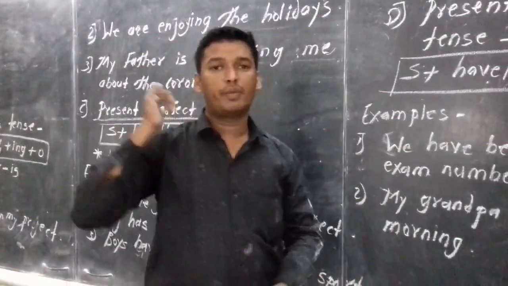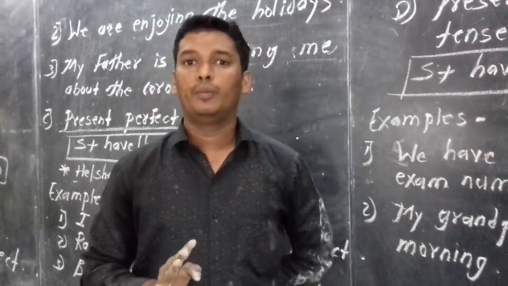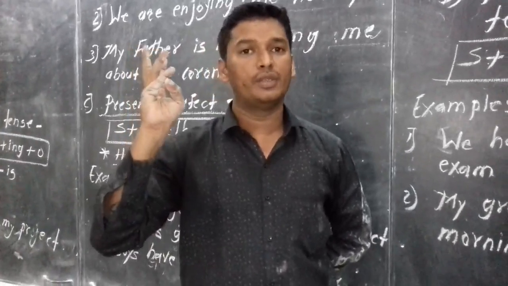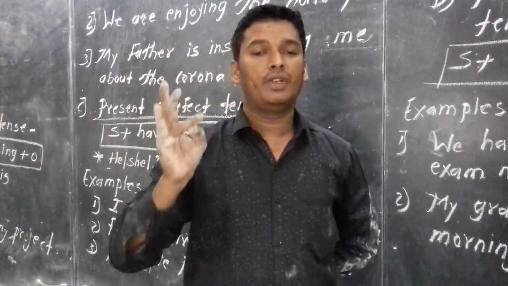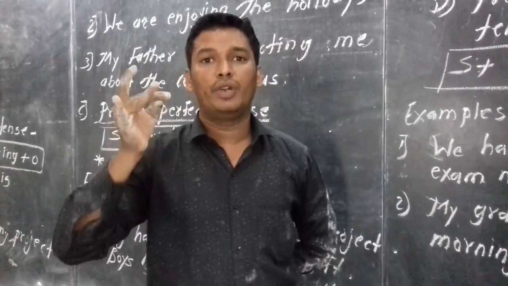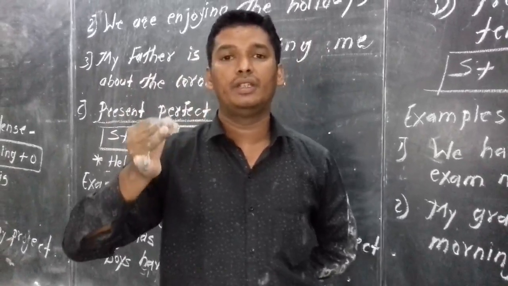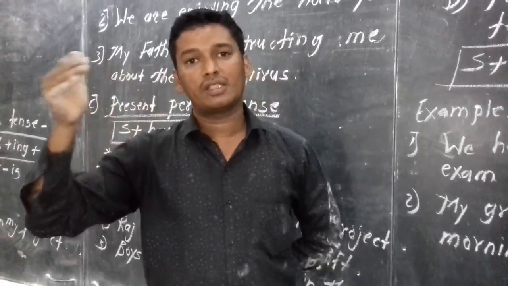Look, in this part we learned four sub-kinds of present tense. First one is simple present, second one is present continuous, third one is present perfect, and fourth one is present perfect continuous tense. What are the structures?